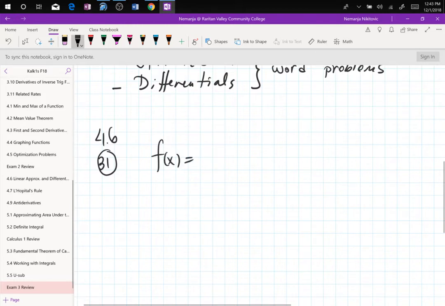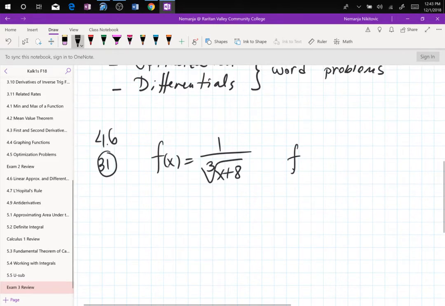F of x is given as 1 over cube root of x plus 8. And they want to calculate f of negative 0.1.